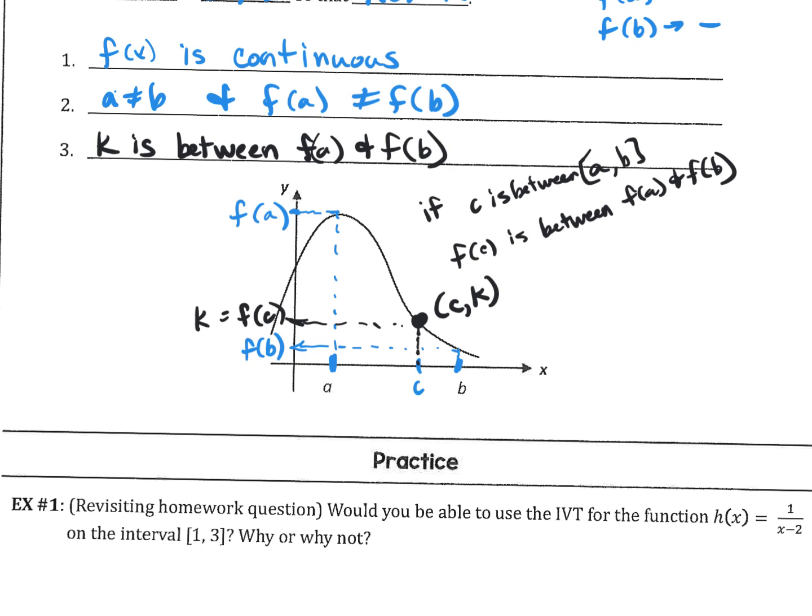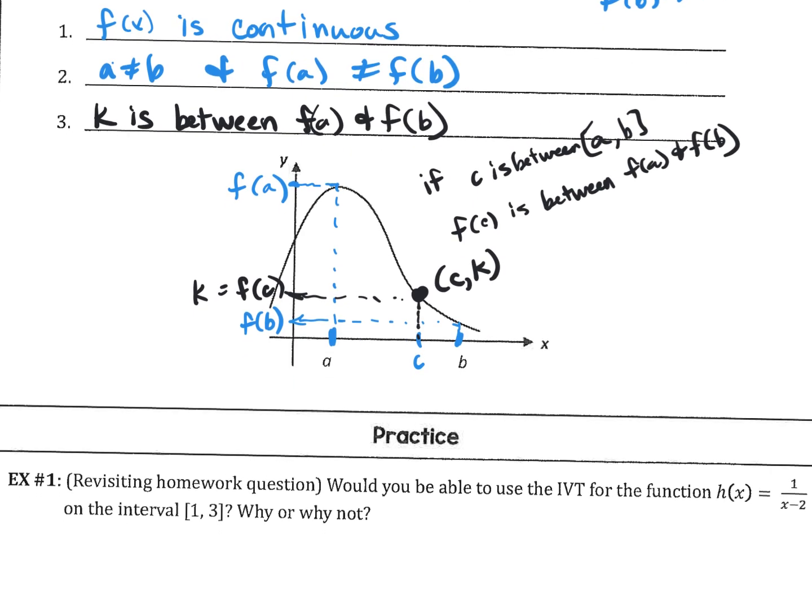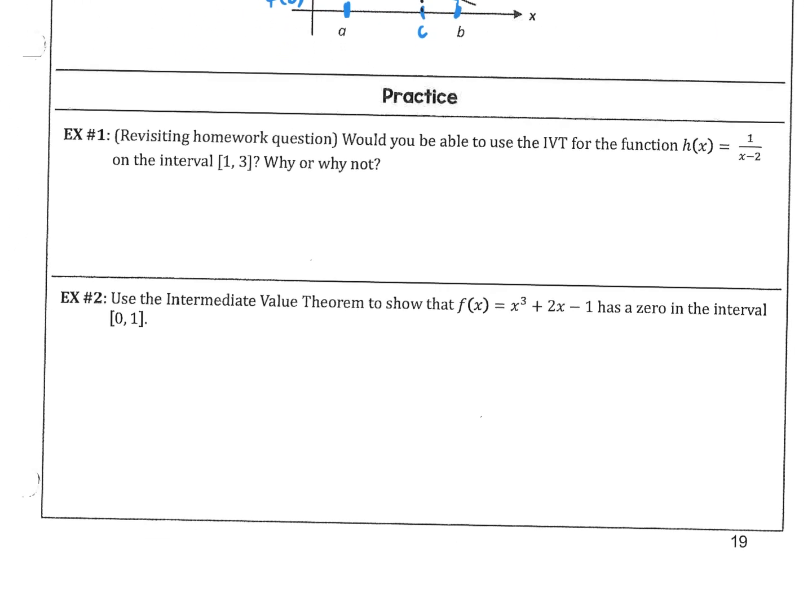So if this guy's lower than this guy, if we're increasing, then the a and the b mean c's in between, and this is going up. Then the y value has to be somewhere in between as well. Does that make sense to everybody? It just really is saying that if you're between a and b, then your y value is between as well.